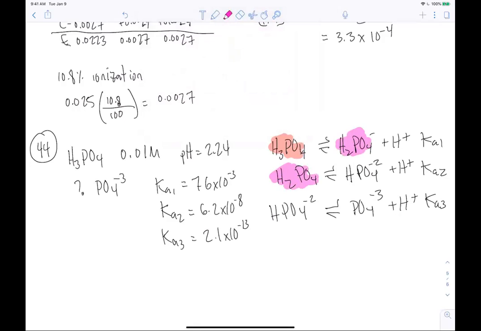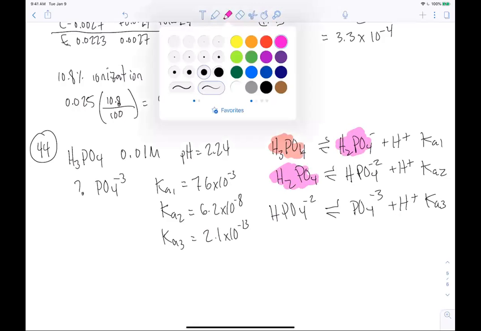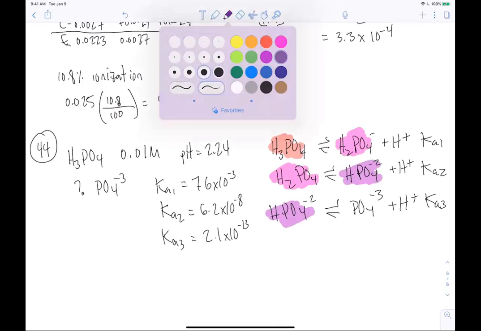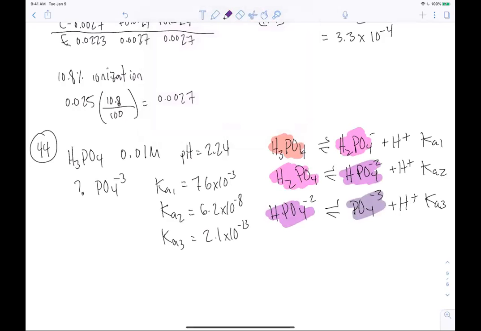So I take the conjugate base, and now it behaves as an acid in this equation. Then you take its conjugate base, and that goes into the next equation and loses a proton. And then we see its final deprotonation state to form phosphate. It's lost all of its protons.